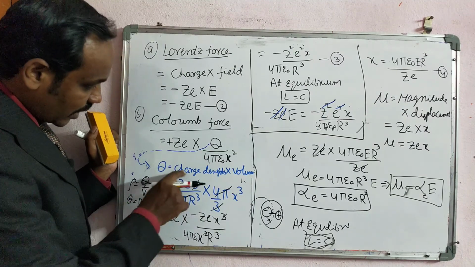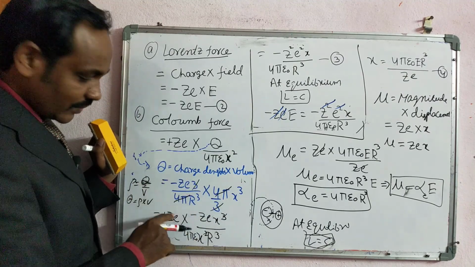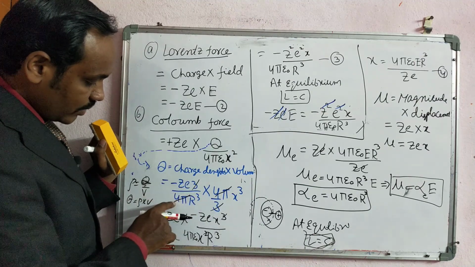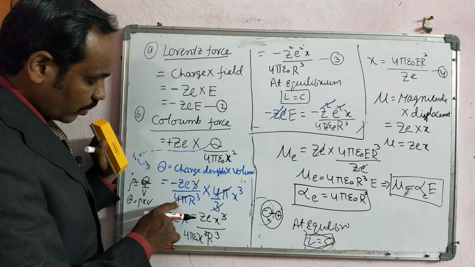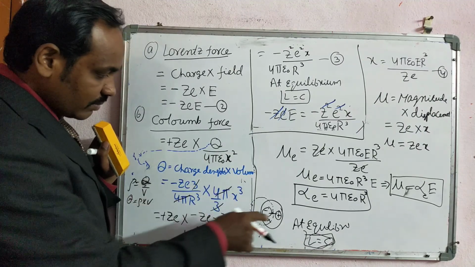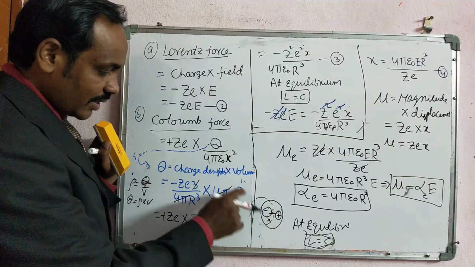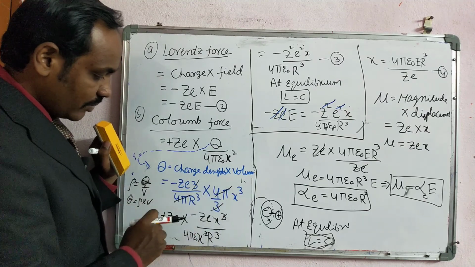Charge into volume. So from equation number 1, the charge density due to the electrons is minus Ze by 4 pi r cube by 3. Now the volume of the sphere is 4 pi by 3 r cube, here x cube, so I have written x cube. The 4 pi by 3 will cancel out.